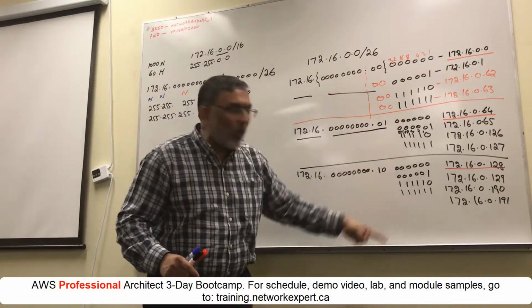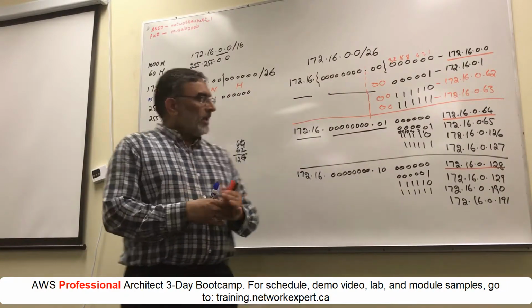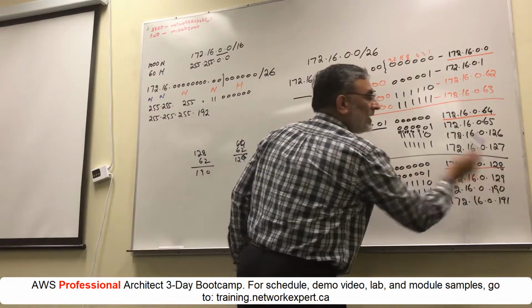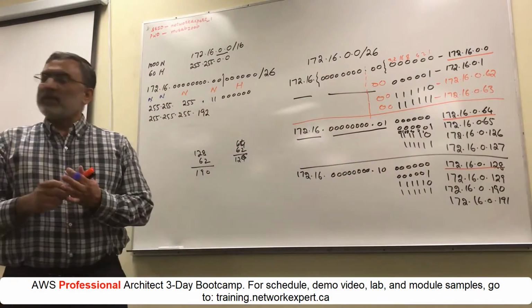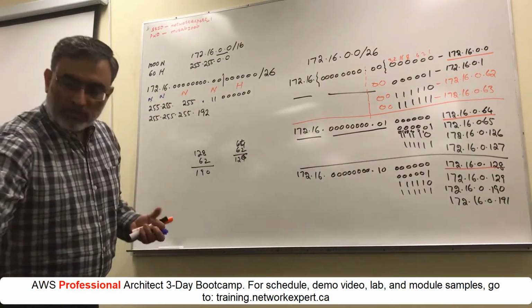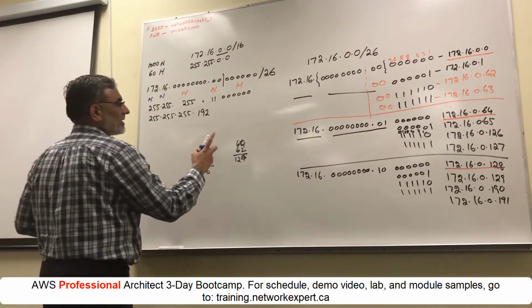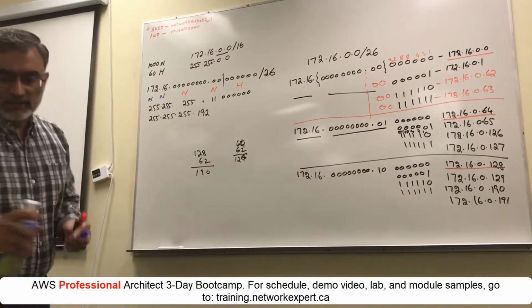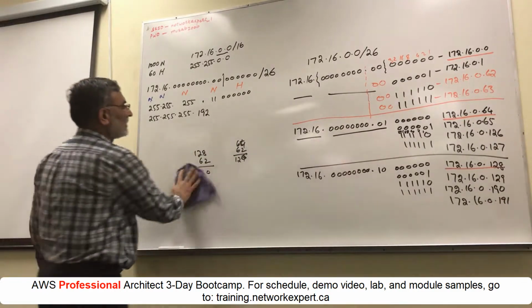Okay, so that means I don't need to go all through this now. I will add 64 into it, and I will get the next subnet address. Okay, so let me actually put it here and I will show you some more tricks.